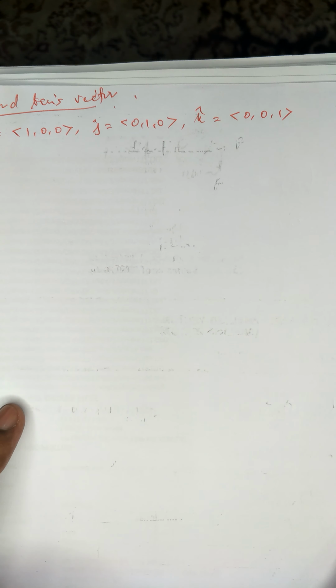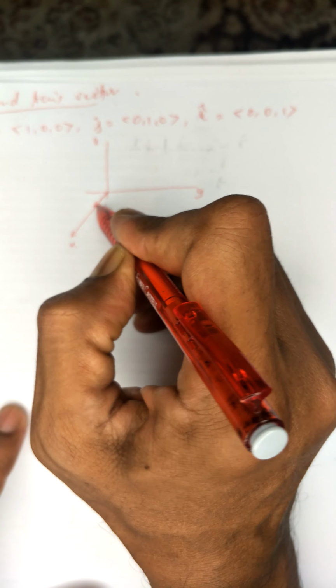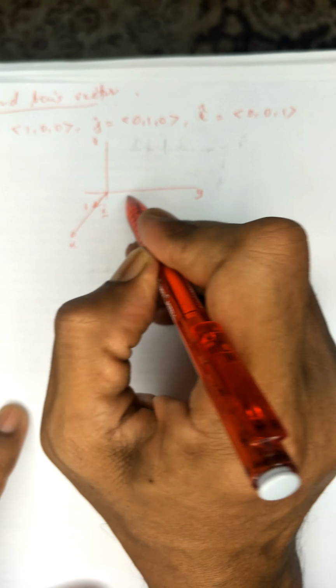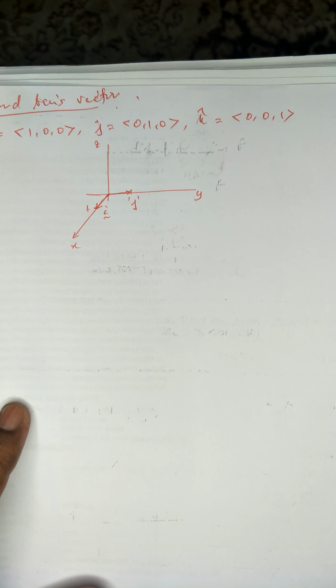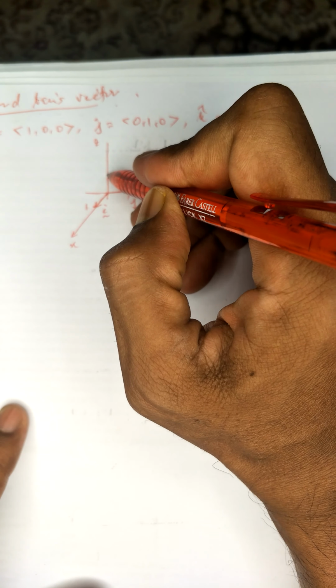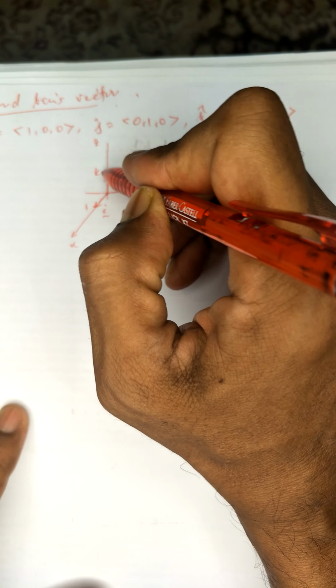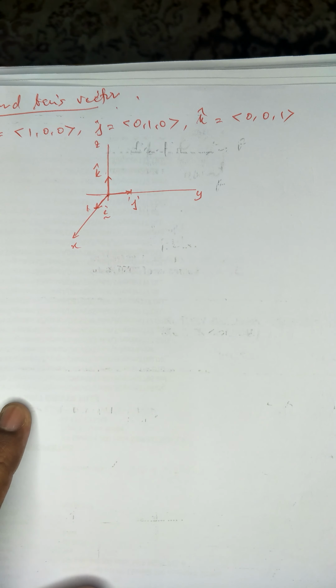So if you plot this as x, y, z, then vector i is one unit in the direction of x. That's vector j, one unit in the direction of y, and vector k is one unit in the direction of z.